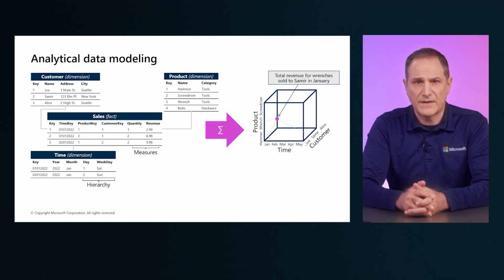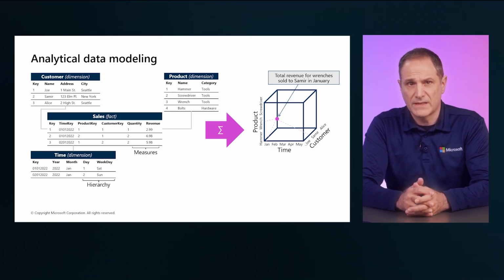Numeric values that are analyzed are stored in fact tables. Each row in a fact table represents a recorded event, such as an individual sales transaction. Fact tables contain numerical measures like quantity sold or revenue, along with keys that link each record to the related dimension tables.